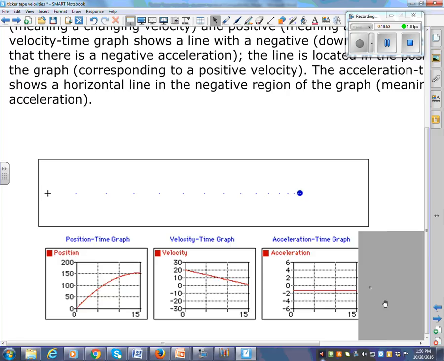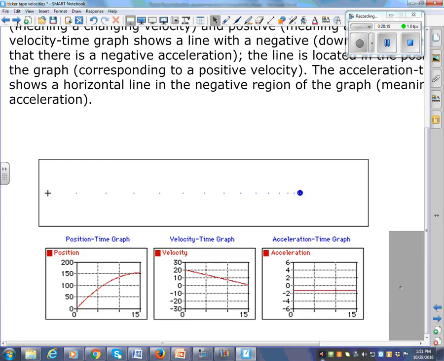Is that what you had in mind? All of these acceleration time graphs are flat. How come they're all flat? Because the acceleration has remained constant. If the acceleration is not constant, then you have that jerk factor, right? Most objects will accelerate smoothly at a constant rate.